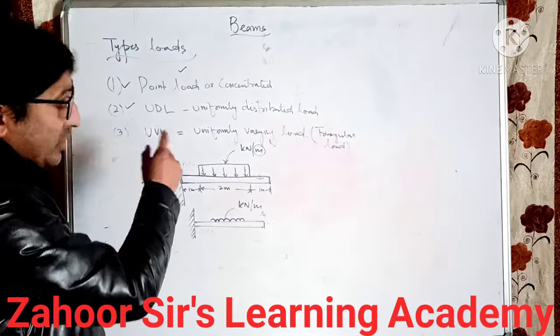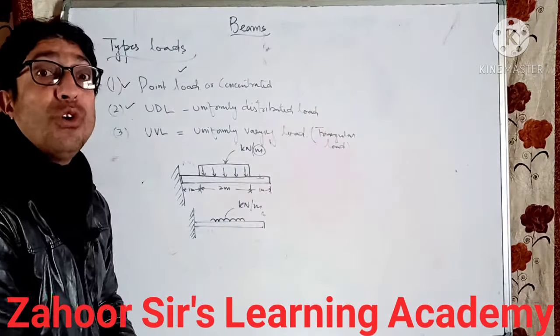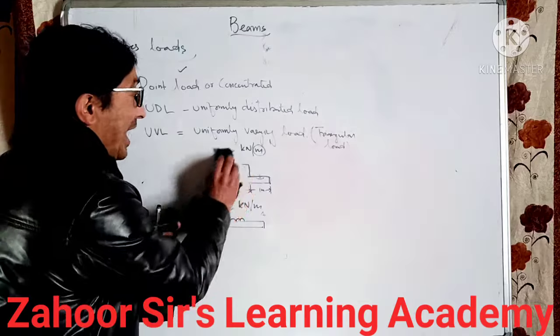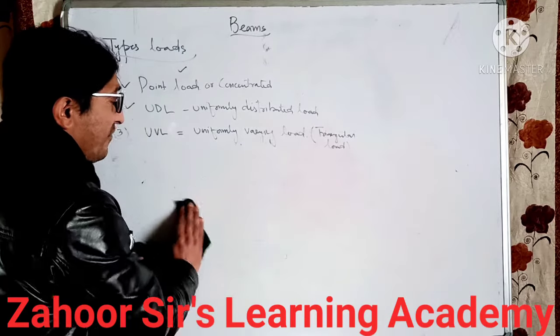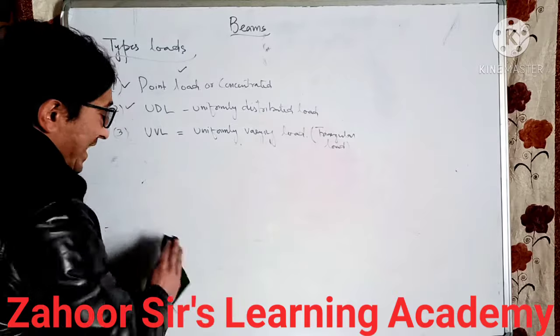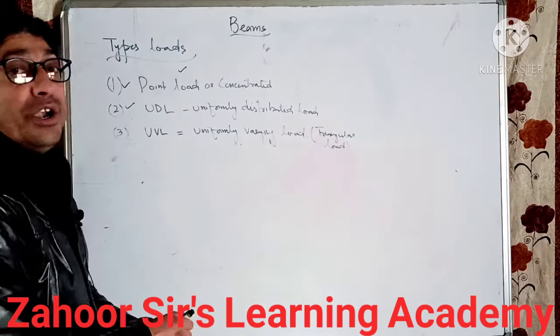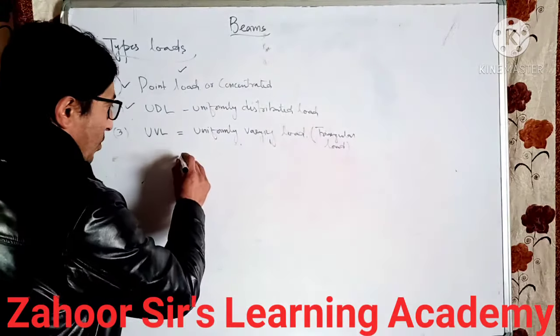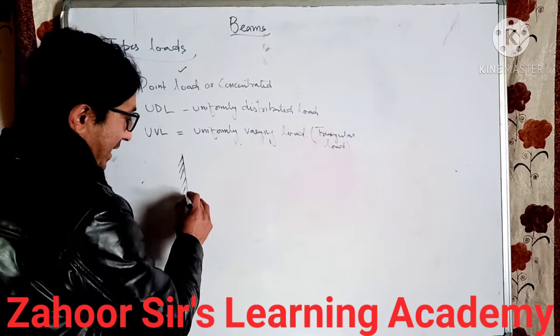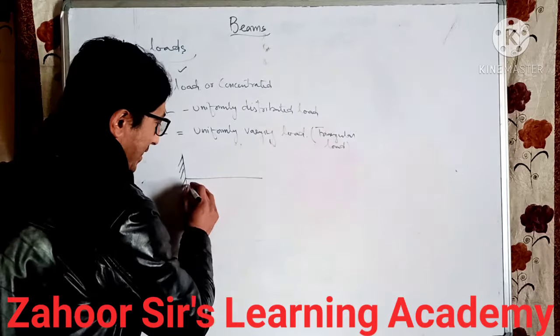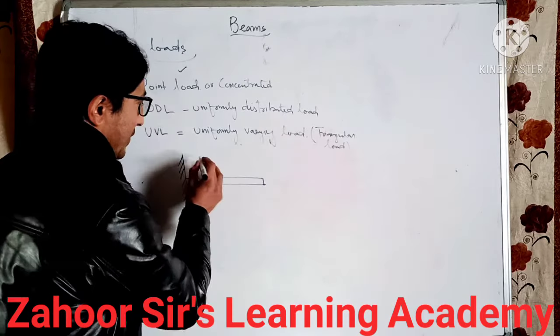Now the third one is UVL, uniformly varying load. As you get from the term, the load is continuously varying. It's gradually increasing or decreasing. So this could be the graphical representation.